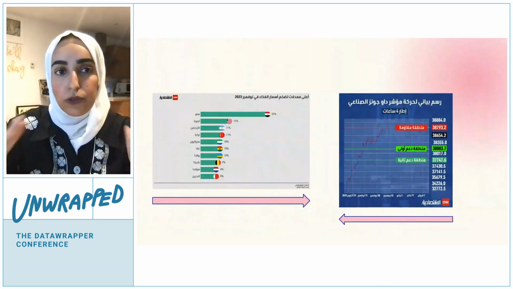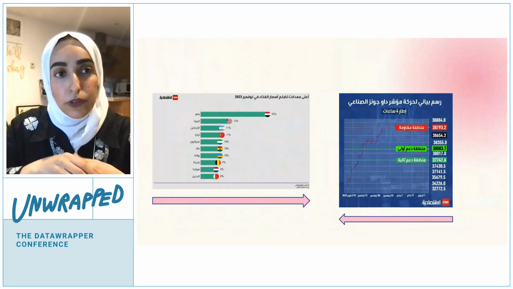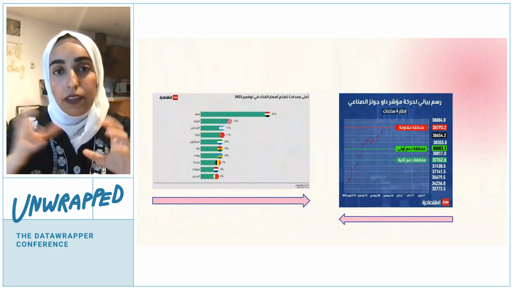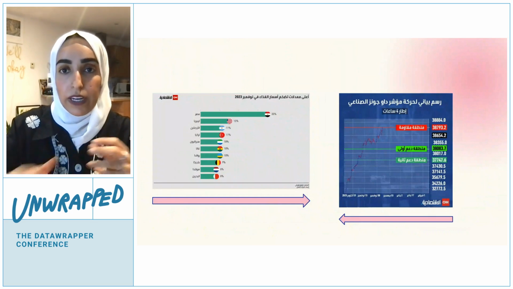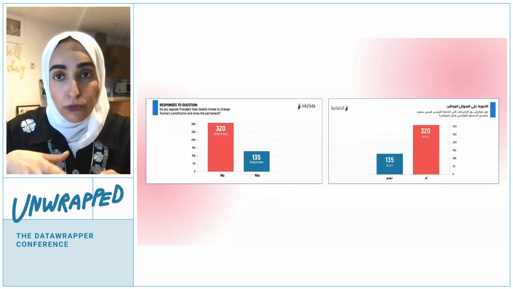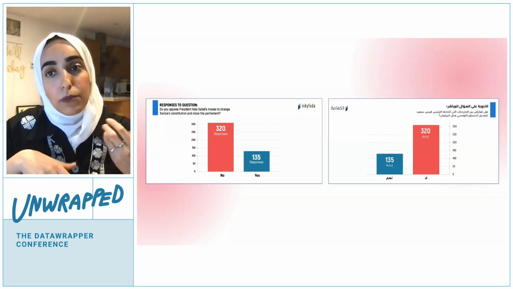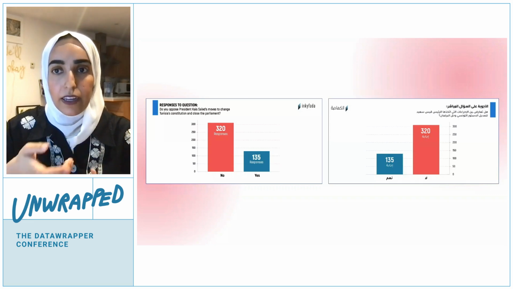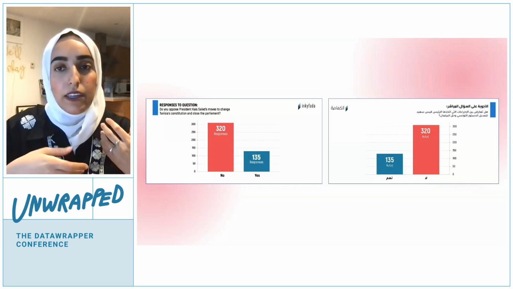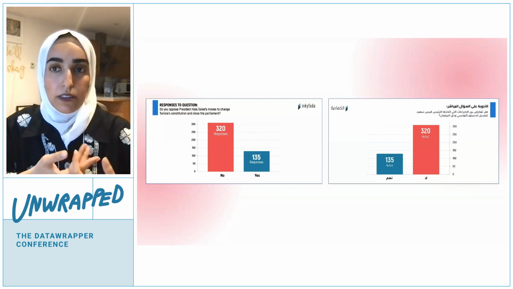Here are also other examples from CNN Arabic. Sometimes they have the y-axis positioned on the right. Other times they have it on the left. During my research, another colleague brought to my attention an intriguing case from the Intifada website, an independent media outlet based in Tunisia.